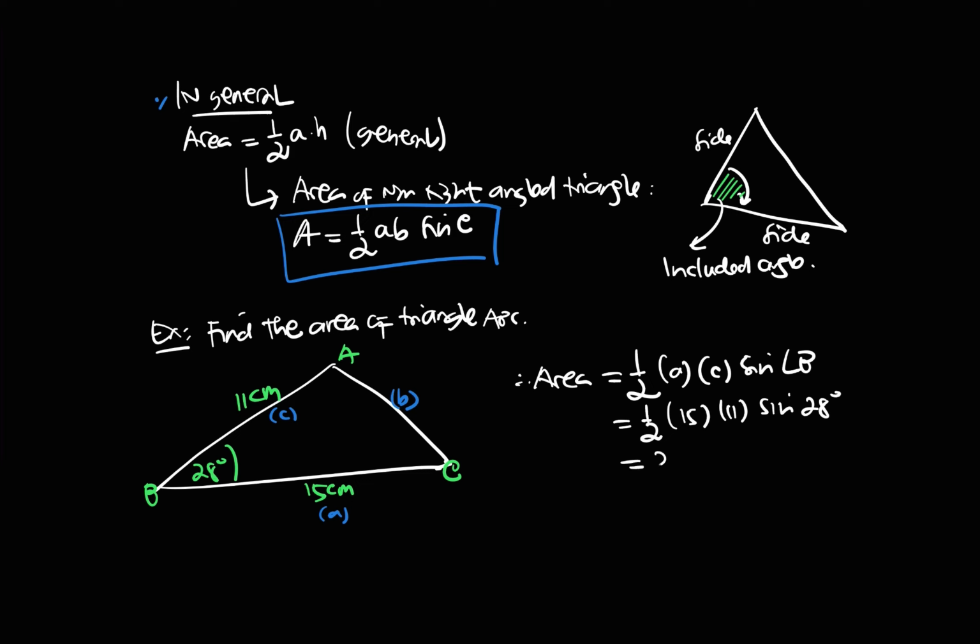Then it is exactly 38.7 cm square. Remember, sometimes the question asks you for 2 or 3 significant figures, or if it is 2, then you can give the answer 39 cm square. Okay.